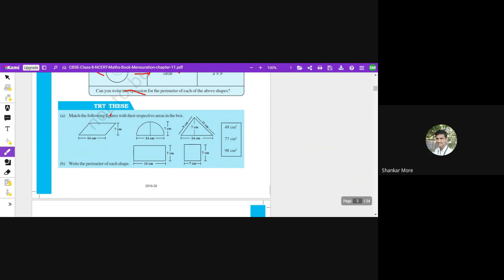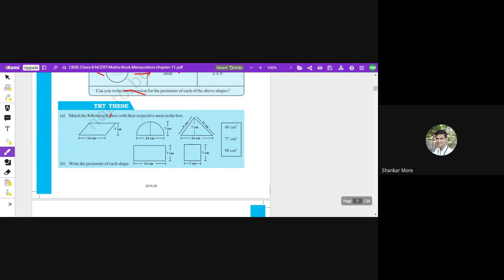Area of this half circle, ये जो half circle है ना इसका एरिया निकालना है. 1/2 into pi into r square. 11 into 7, 77 centimeter square, right? 77 centimeter square is half circle का जो area है. I'm talking about area, not the perimeter.